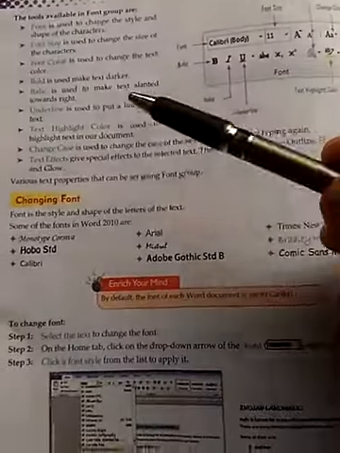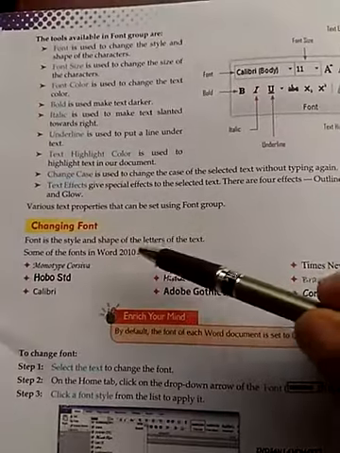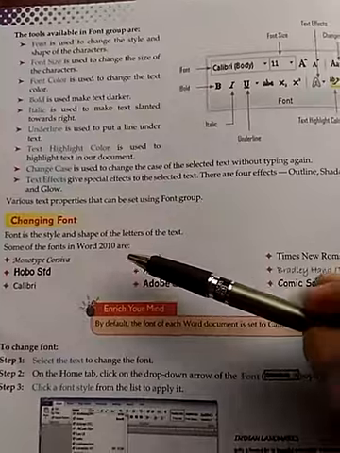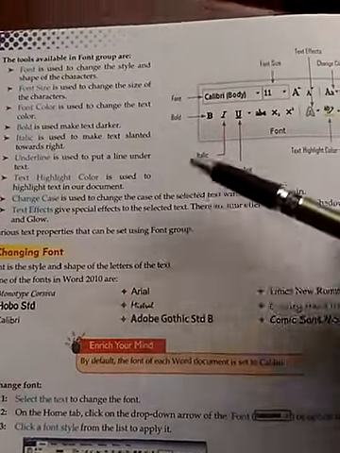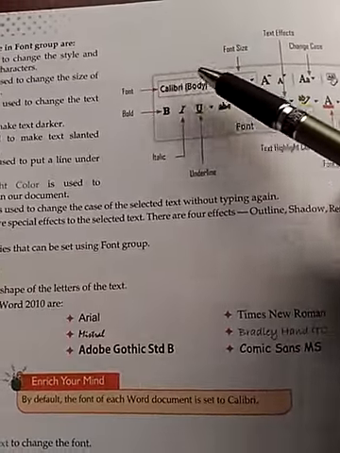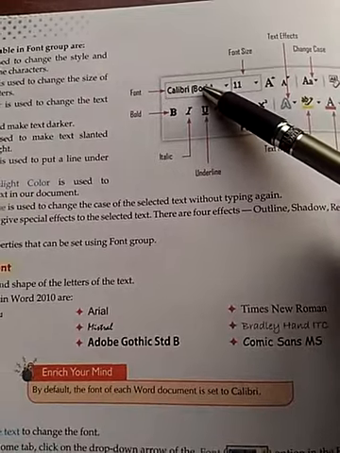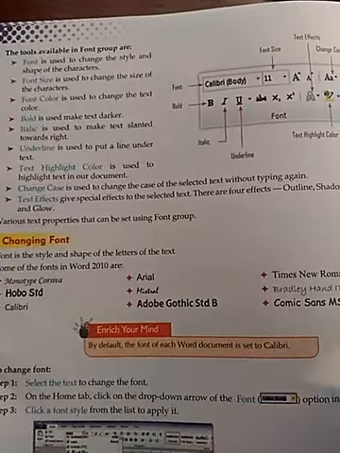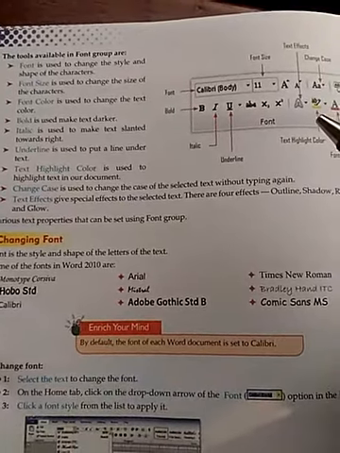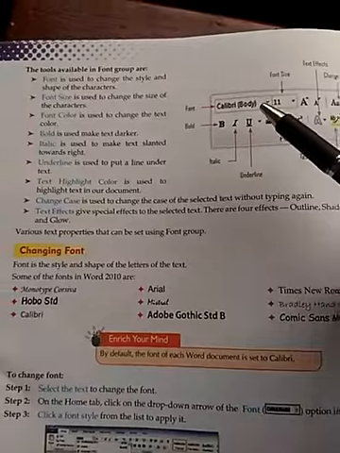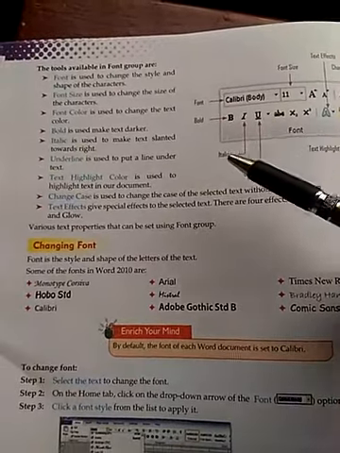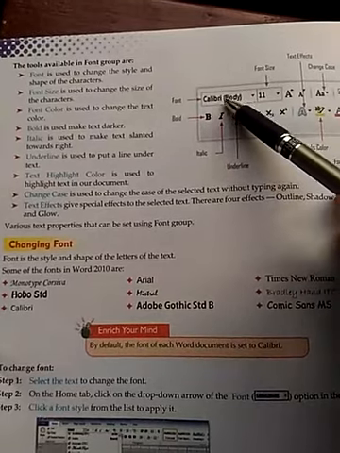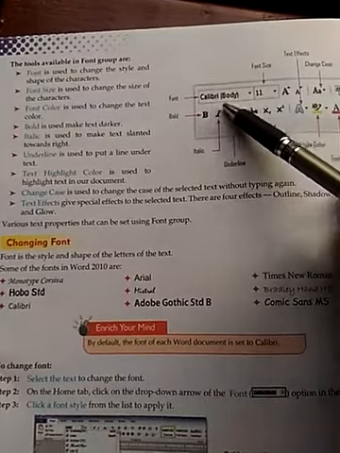Now changing font. If you want to change the font of a document, then first you need to select the text, and after that on the Home tab here you can find many fonts available like Arial, Times New Roman, Comic Sans MS, Calibri, etc. You can apply the font by changing the font type from this drop down box.